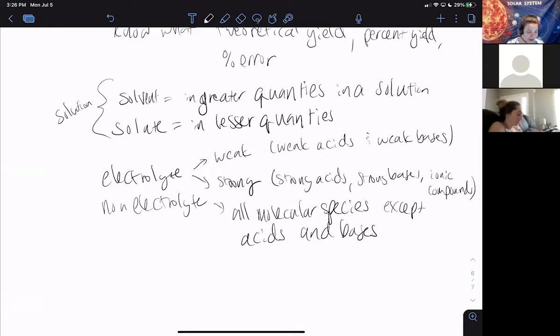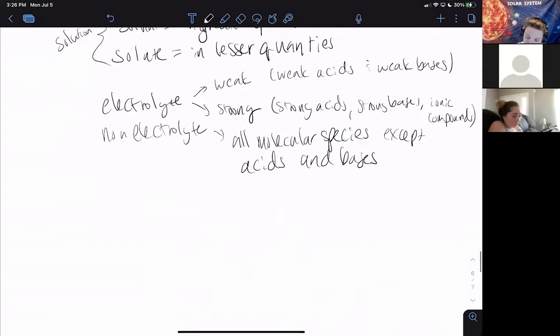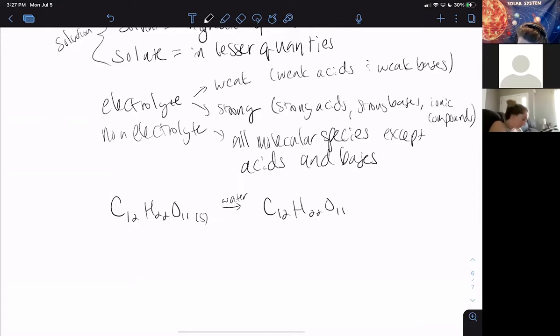You should understand the dissolving process of an electrolyte, whether it's weak or strong, versus a non-electrolyte. So if we have something like table sugar, C12H22O11, when we take that and dissolve it in water, it's going to remain that molecule, but now it's going to be aqueous, right?